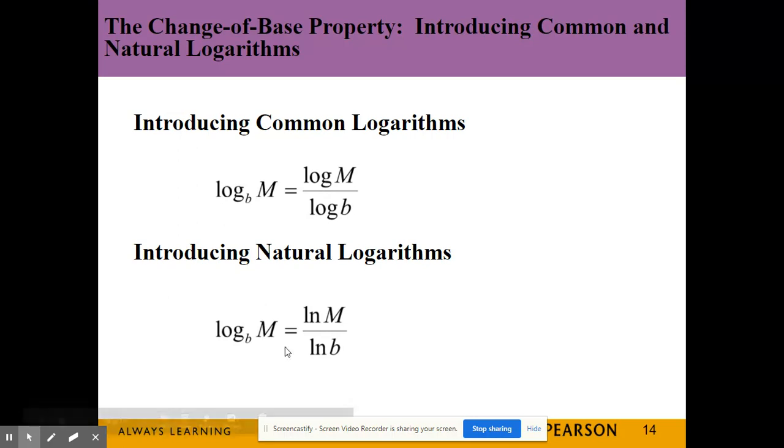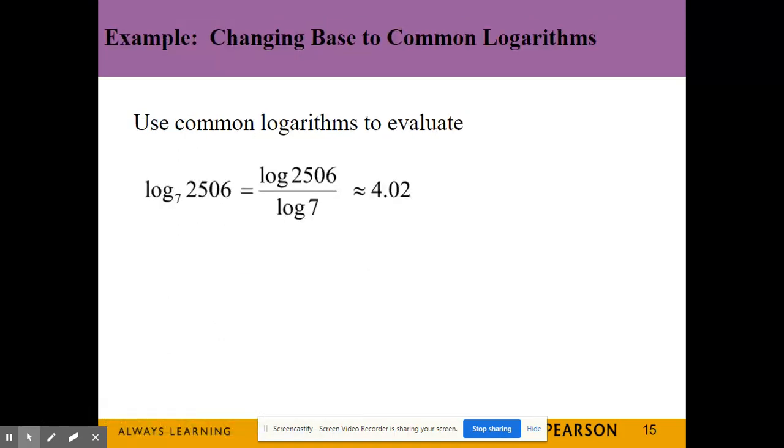And then you can do the same thing with a natural log. So log base b of m is equal to natural log of m divided by natural log of b. So, using common logs to evaluate: if you're lucky and you have a calculator where you can type in base 7, awesome, you can just type it in that way. You don't necessarily need to use this theorem.